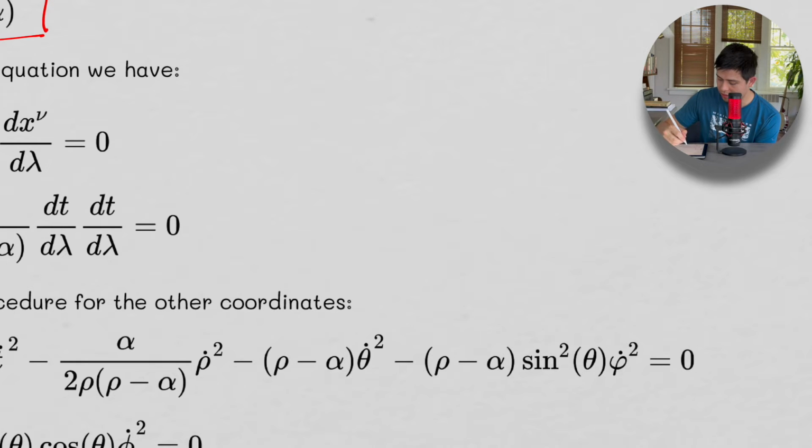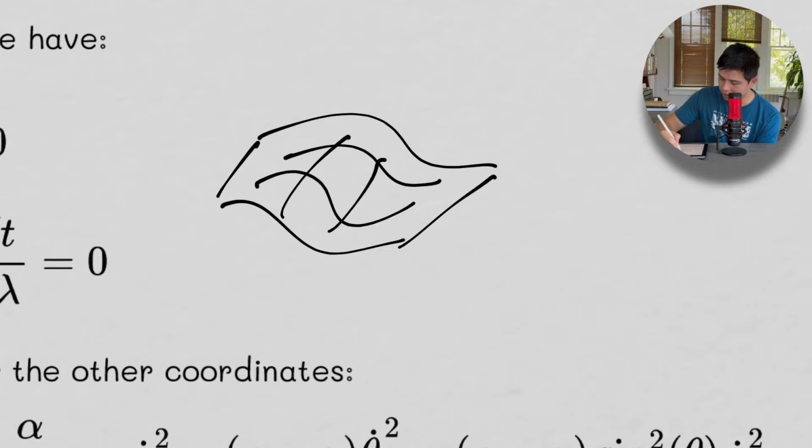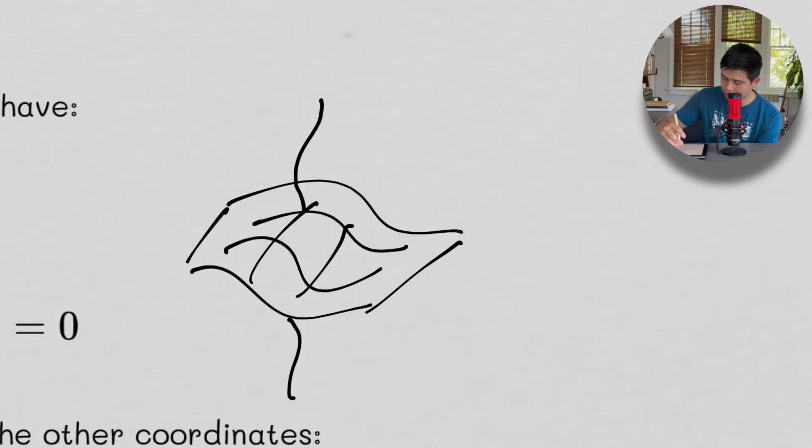So we have our manifold, and then our geodesic is some path within our manifold, and this geodesic is parameterized by lambda.